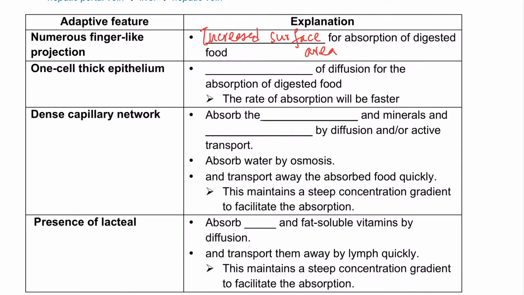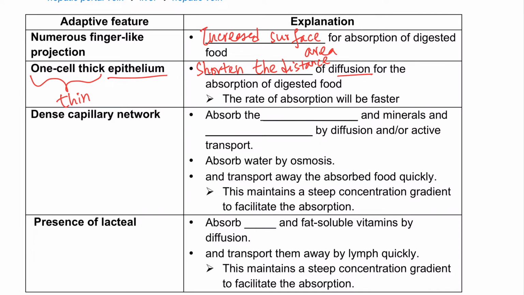Next is, I've already mentioned, the epithelium is very thin. It is only one cell thick, or you can just write thin epithelium, so that the food can be absorbed through a very short distance, a short diffusion distance. So shorten the distance of diffusion for the absorption of digested food.